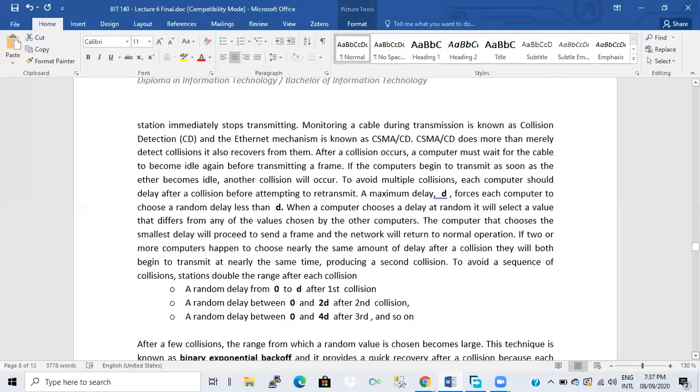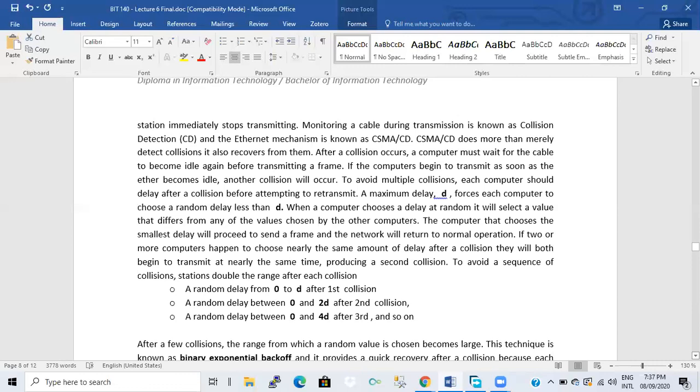A maximum delay period denoted by the letter D forces each computer to choose a random delay less than D. When a computer chooses a random delay, it will likely select a value that differs from the values chosen by the other computers. The computer that chooses the smallest delay will proceed to send its frame and the network will return to normal operation.